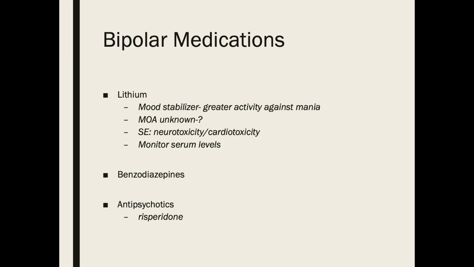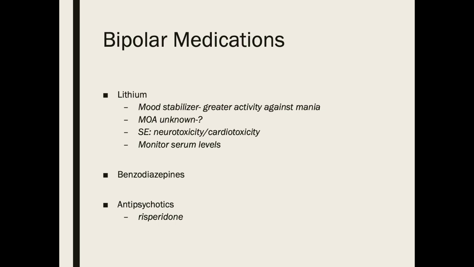Then moving into bipolar disorder, your patient is going to be on medication to manage bipolar disorder. They might be on lithium. So that's a really good drug for bipolar patients. We're not really sure how it works, but it works, so we use it.